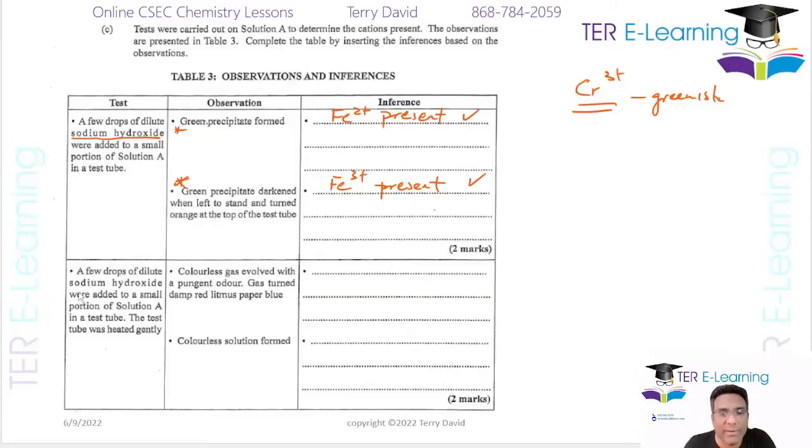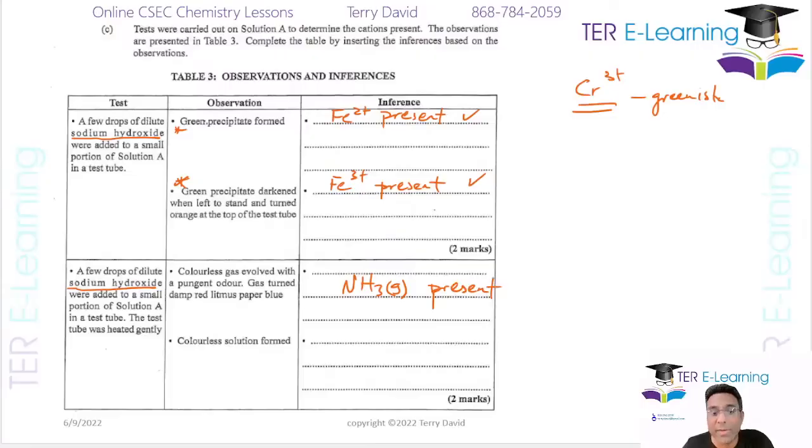For the next one here, we're using sodium hydroxide again. You add a small amount and you heat it gently. Now they said a colorless gas evolved with a pungent odor, and the gas turned damp red litmus blue. So if it's a gas with a pungent odor, the gas that we're talking about here is NH3 gas, or ammonia gas. That's the answer for this one.